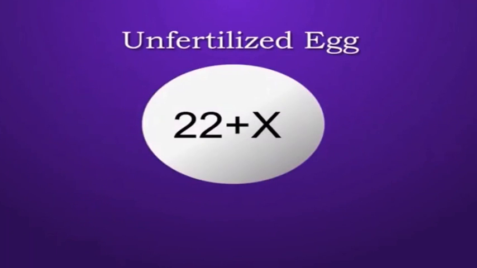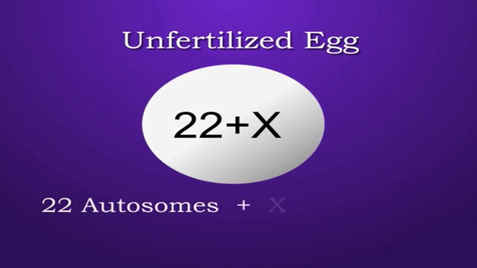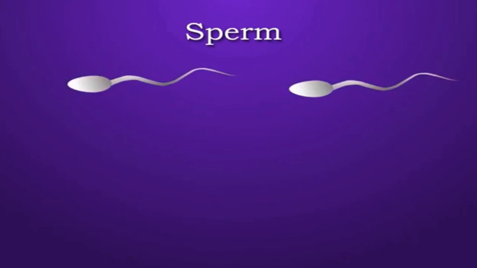Let us see the arrangement of chromosomes in an unfertilized egg. An unfertilized egg has 22 autosomes and only one X chromosome. Whereas in male, the sperm has two types of arrangement.